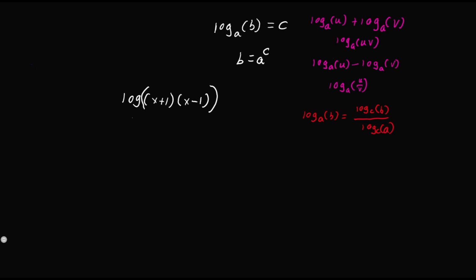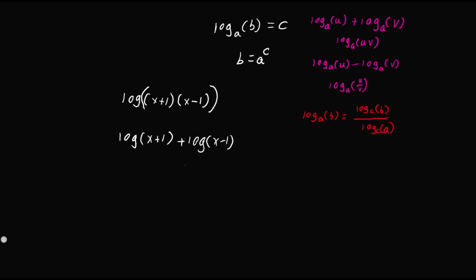All we're going to do is look at the property we have, which is multiplication, meaning that x plus 1 is u and x minus 1 is v. So we can make a substitution, or we could just do it directly, but we're going to do it directly since we know what u and v are. So we have log of x plus 1 plus log of x minus 1, and that is our expanded form.